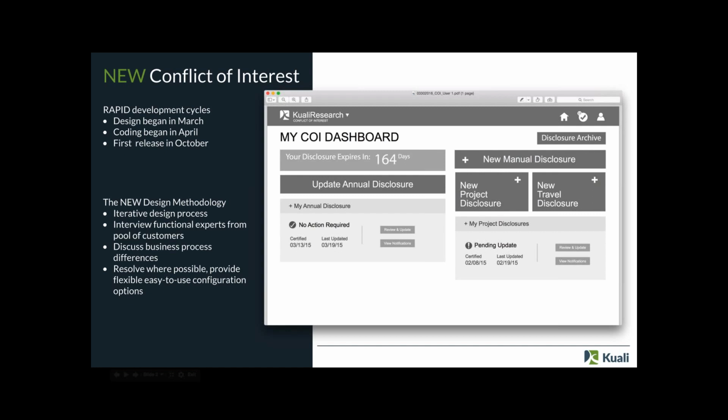Our involvement with customers is much tighter. We have a great group of customers, a very big community who is active in helping us define the modules and its functionality. Many schools do things differently, even with conflict of interest disclosures.